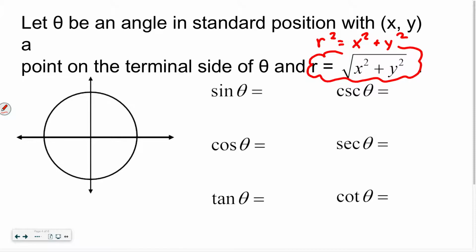And then I'll put it out here visually. I'm just going to pick a point somewhere on the circle with radius r. And it reaches some point x, y. I can always, in any quadrant, draw a right triangle and label the sides x and y.